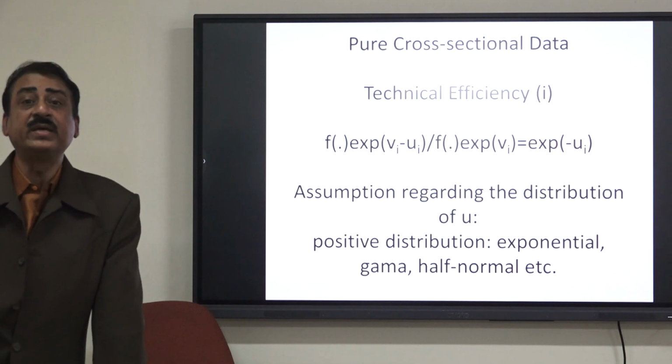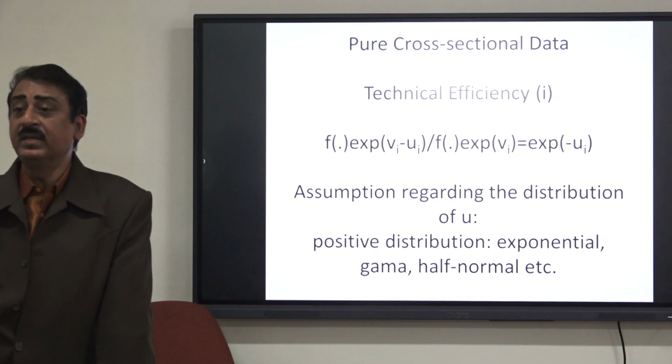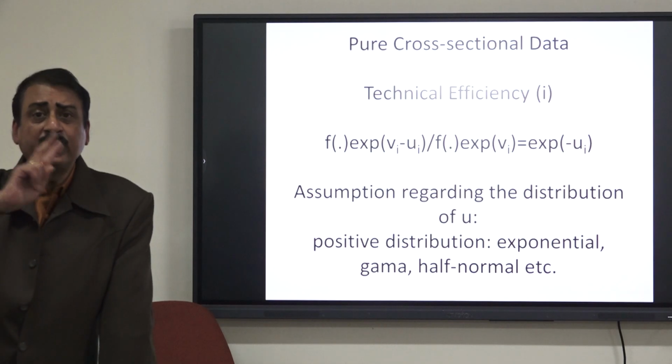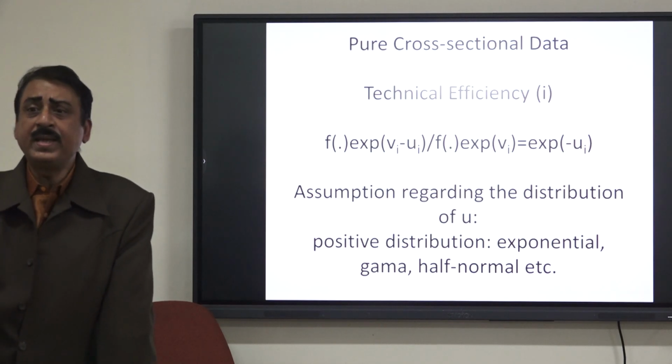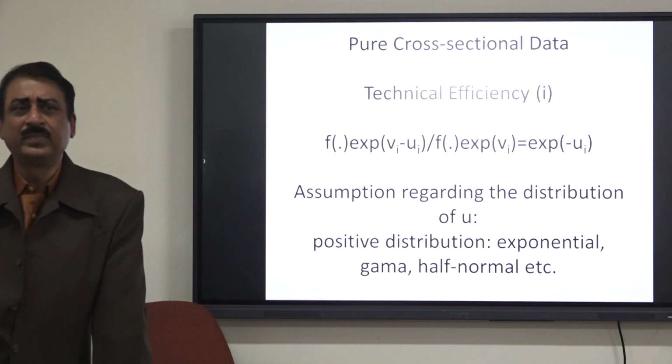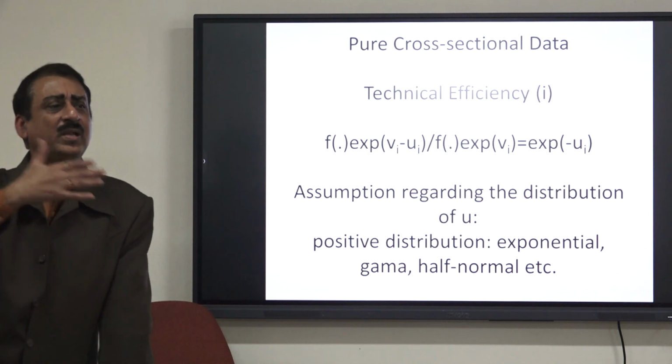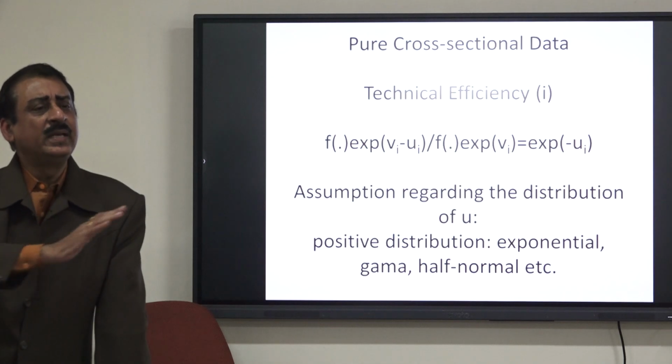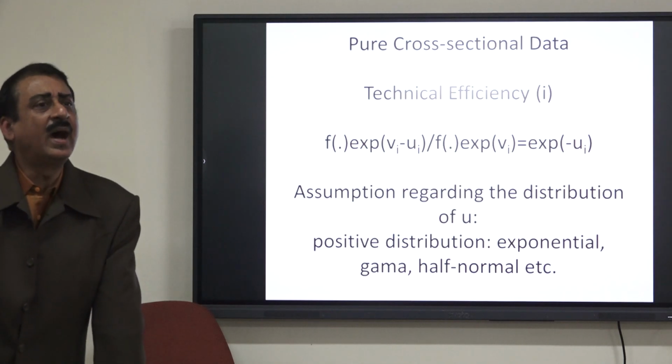In the stochastic frontier function approach, you are imagining that there are two types of errors. One error represents the random error. Whenever you are regressing one variable on certain other variables, you will never be able to explain 100%.